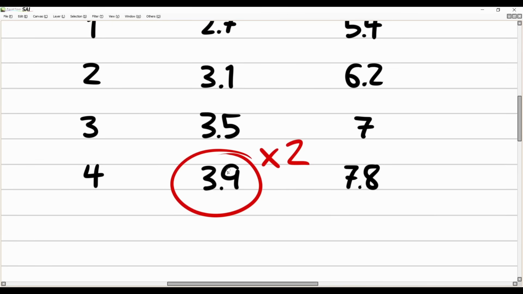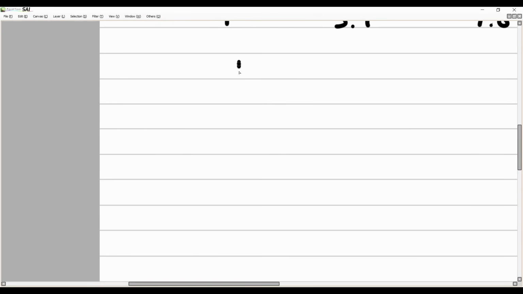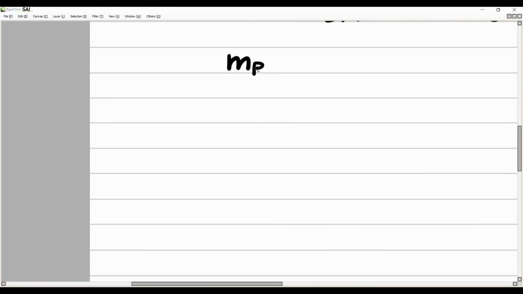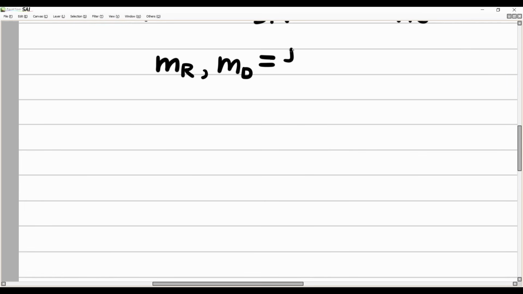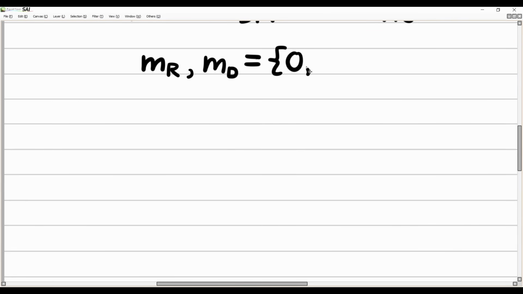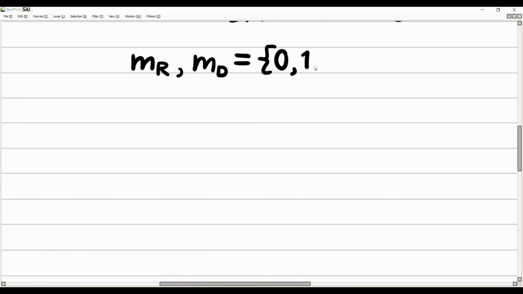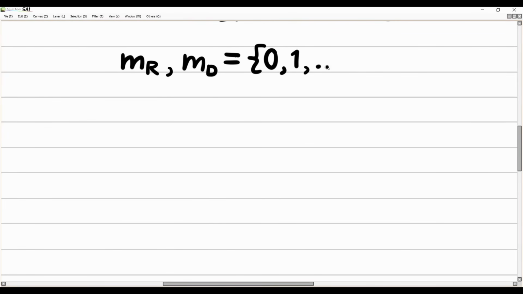And if I go to level 8, that will be times 3, then level 12, 4, level 16, 5, and then level 20, 6. So essentially we have a quantity, I'll call this M, so MR, and I'll call them MD. These are quantities that can range from 0 all the way up to the number 6.